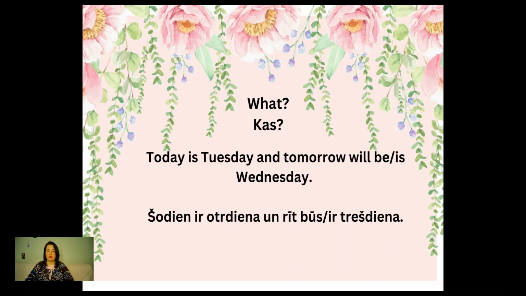Šodien ir otrdiena un rīt ir trešdiena. That's the fact. Today we have one day, tomorrow we're going to have a different day. But this is not any specific Monday, any specific Tuesday, Wednesday, or many of them. It's just general as a fact. So it's not giving you an adverb. Mostly here it works as a noun.